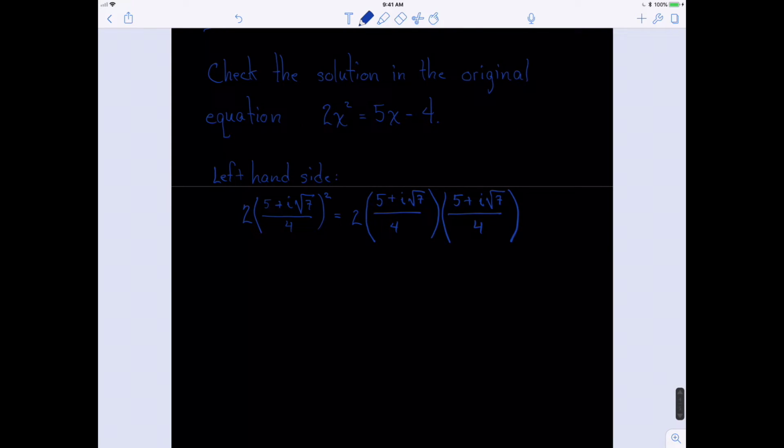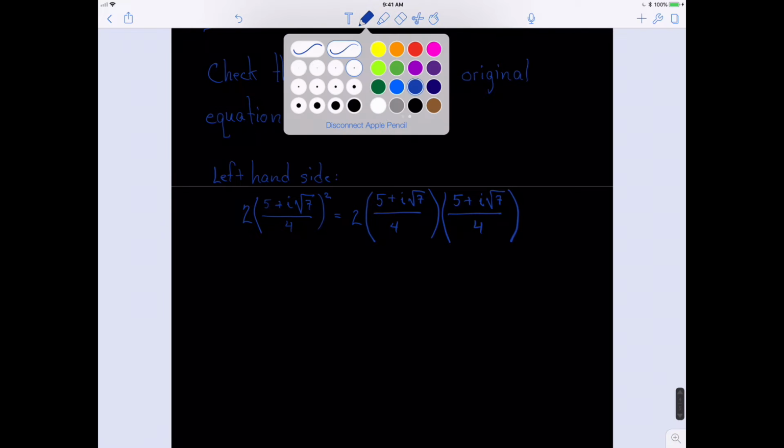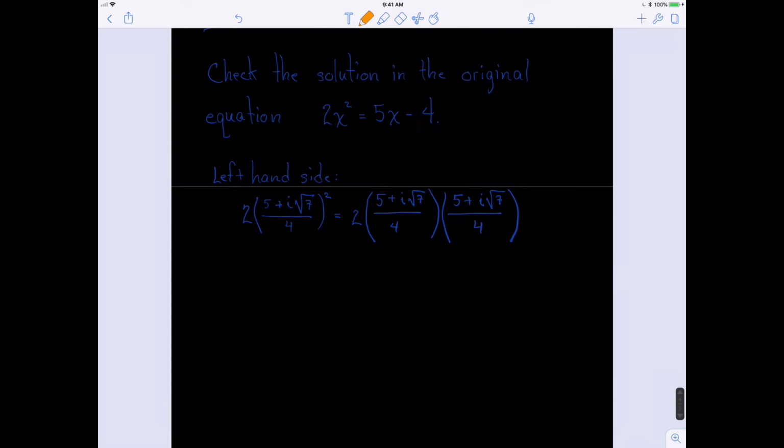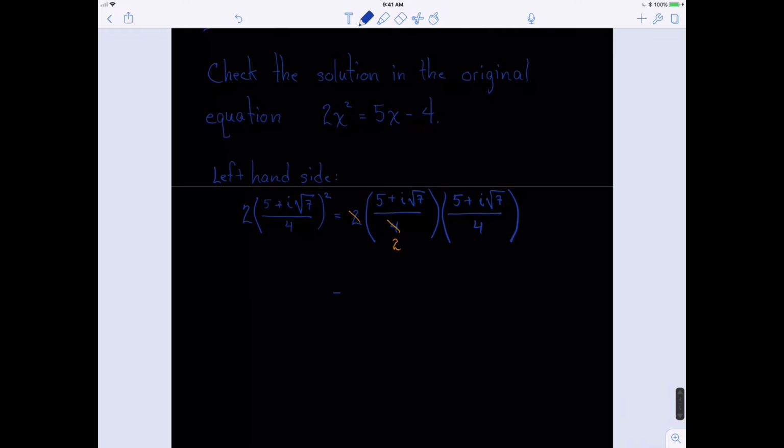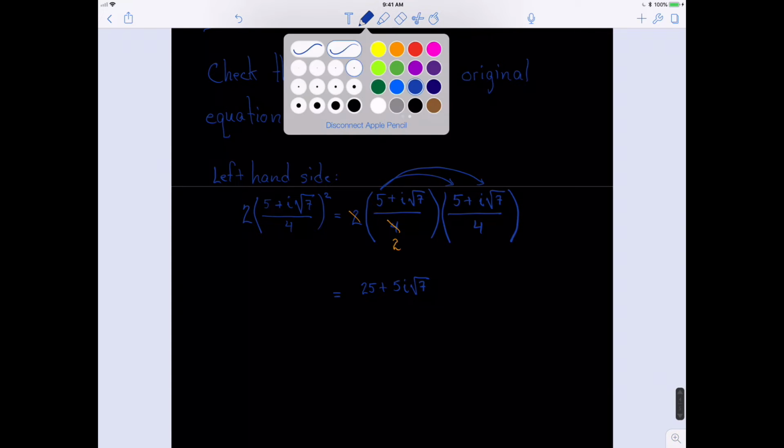Now, let's see here. We can do a couple things. The most simple thing to do right off the bat is we can cancel this 2. So we know our denominator now will be 8. It's the numerator that requires a bit more effort. So now we distribute. We go 5 times 5 and 5 times i root 7, so we get 25 plus 5i square root 7, and then we do the same thing.